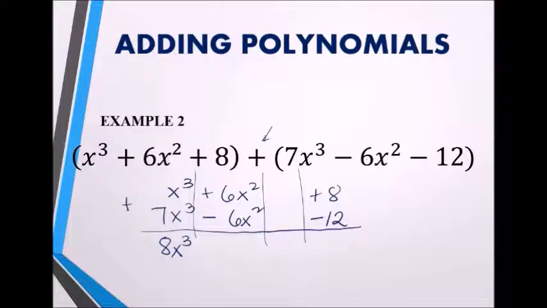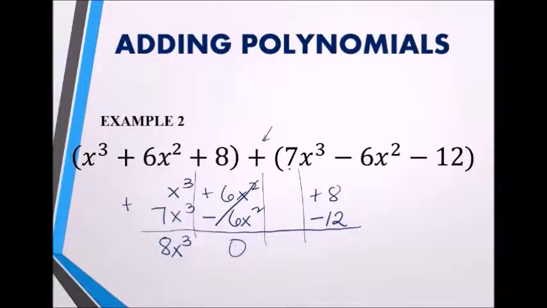So, that one will be 0. Since our 0 here will have other terms with it, kagaya nitong 8x cubed at saka yung magiging sagot dito sa dalawang to, pwedeng hindi na natin siya isulat sa final answer.